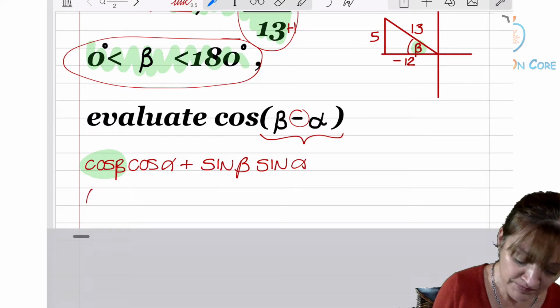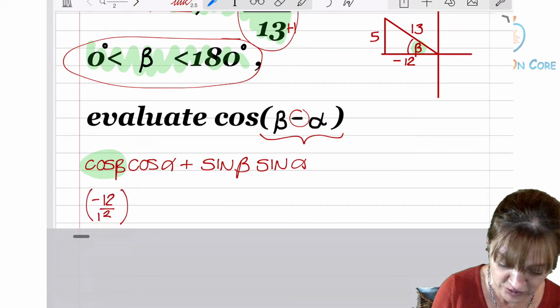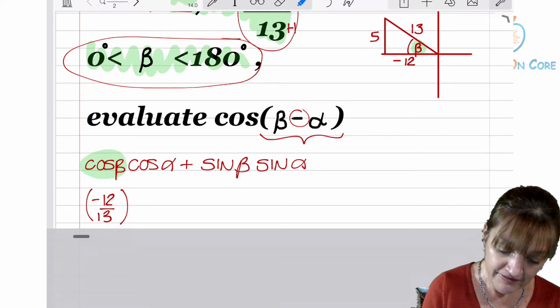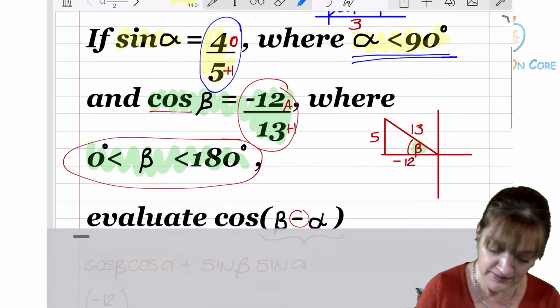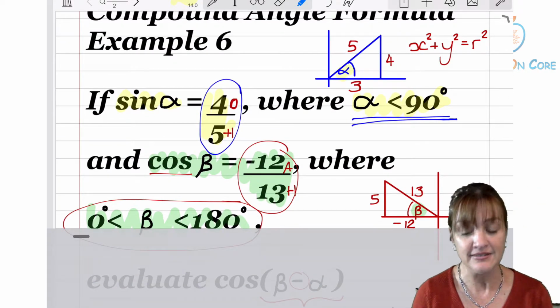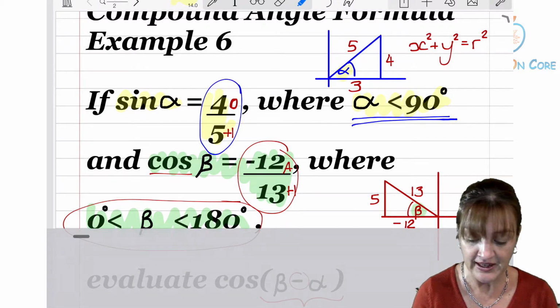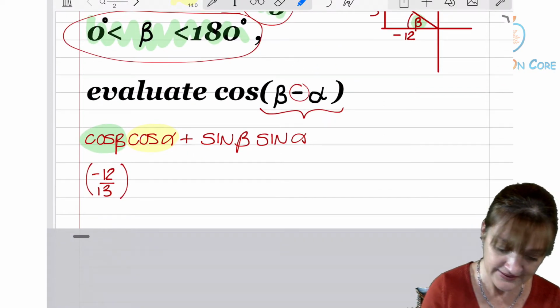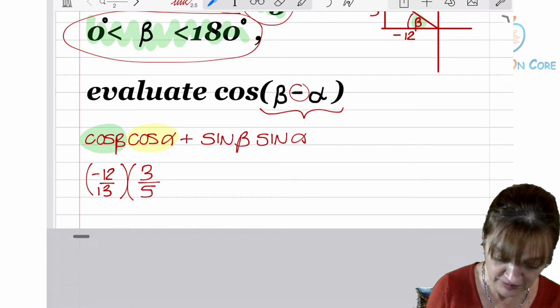So I can replace cos of beta with the ratio of negative 12/13. Cos of alpha is going to be coming from this triangle. Cos is the ratio of your adjacent over the hypotenuse. That's going to be 3 over 5, so 3 over 5 is what we can replace that with.